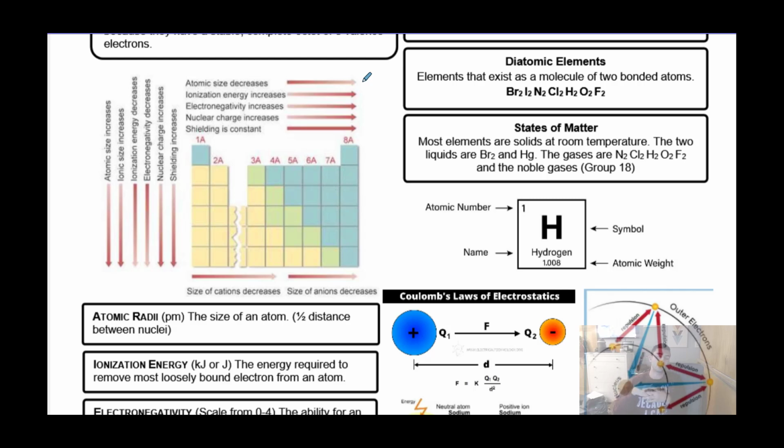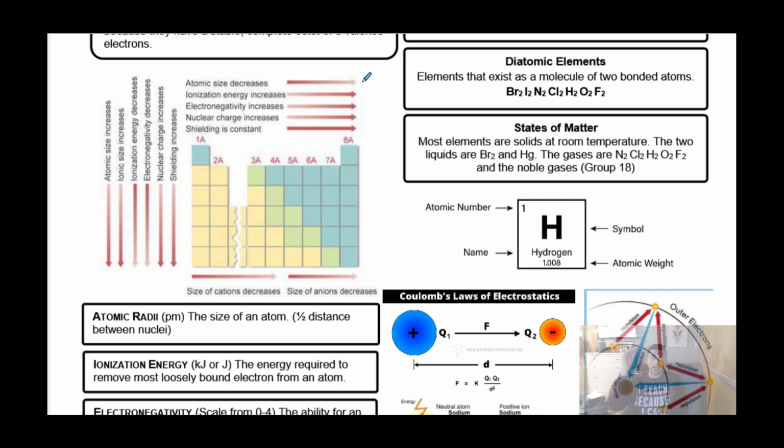is equally as important. So going down the periodic table, we have an increased number of shells that just makes the atom larger. The increased distance of the valence shell to the nucleus decreases the Coulombic attraction. Going from left to right, the atomic radius decreases because we are adding more protons to the nucleus, making the nucleus more positive, more positive, more positive, and we have the same number of shells going across a period.